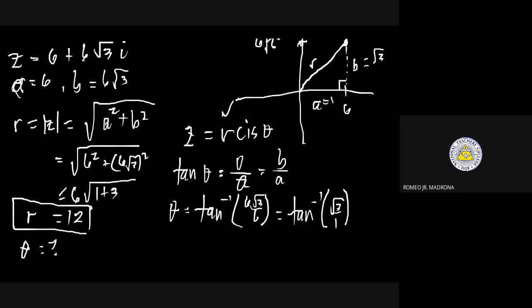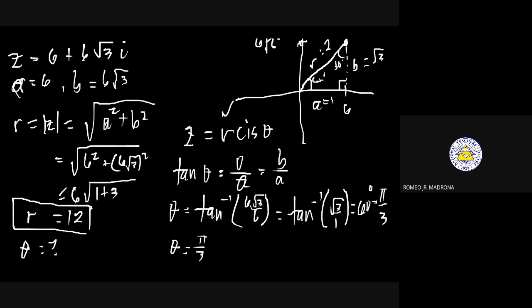So, okay. This is 60. Ito ay 30. Yeah, that's right. So, theta is 60 degrees or pi over 3. Di ba, class? Hindi mo na kailangan ng calculator. I-connect-connect mo lang lahat. So, theta is equal to pi over 3.